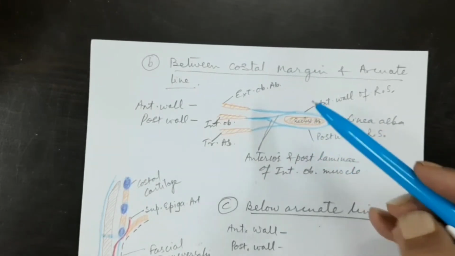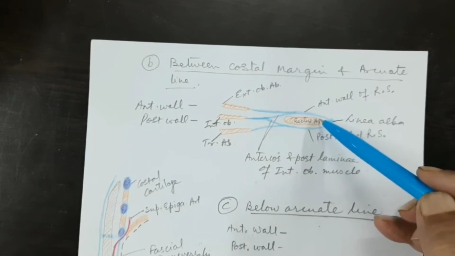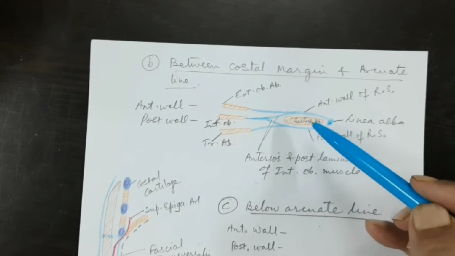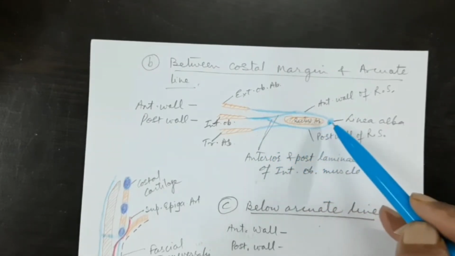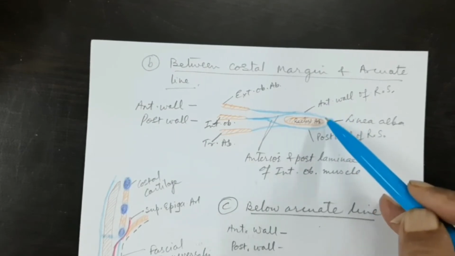So let us see what structures will form the sheath which will enclose the rectus abdominis muscle. As I said, the anteriormost is the external oblique abdominis, which we have already seen in the upper part, costal part also.